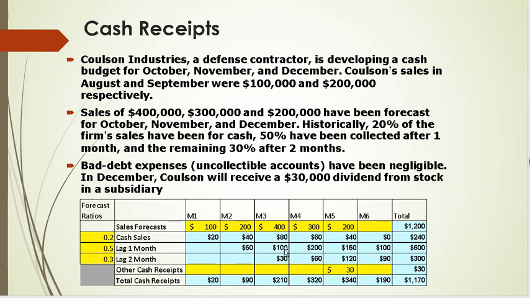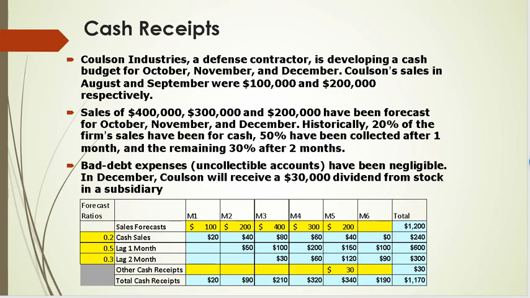Next month, we're going to expect to get $30,000 of that. 30% of 100 comes here. 50% of 200 comes here, and this is 20% of the current month. So next month, we expect $210,000 in cash receipts. Then 320. Now we also predicted we'd get $30,000 in dividends in month 5 here.